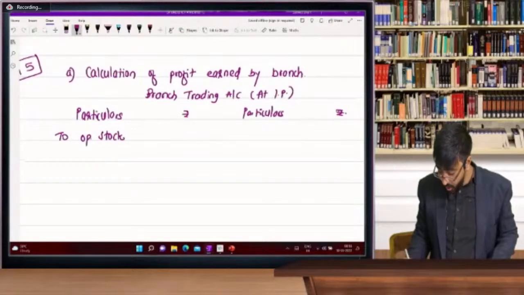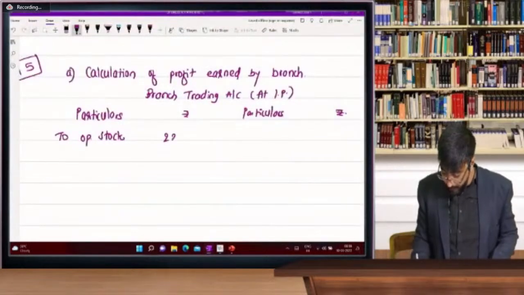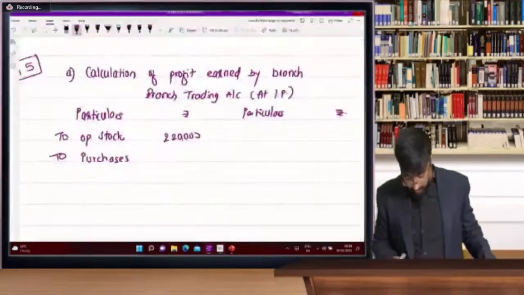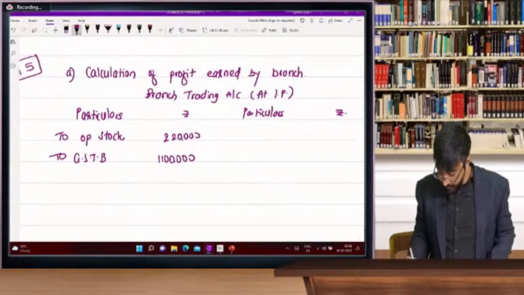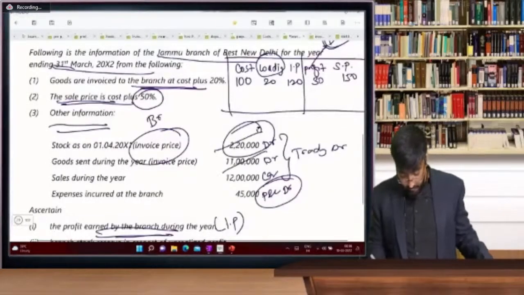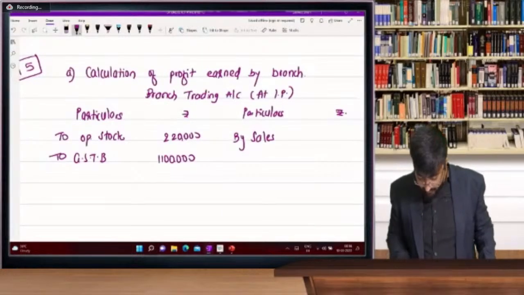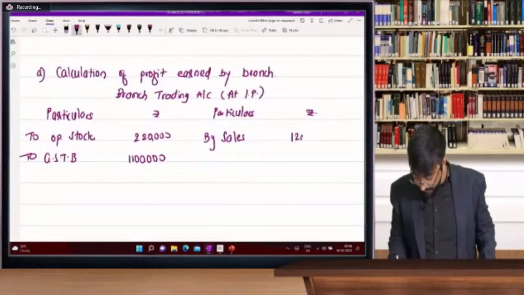To opening stock 2,20,000. To goods sent to branch, sorry, not purchases, 11 lakhs.